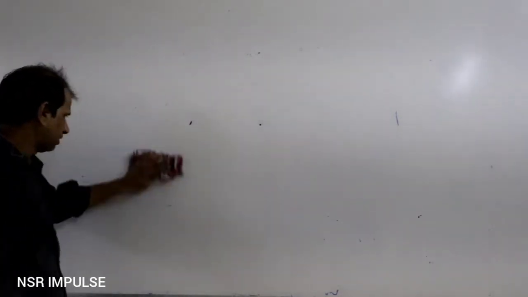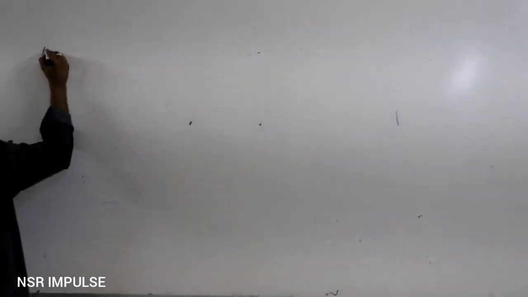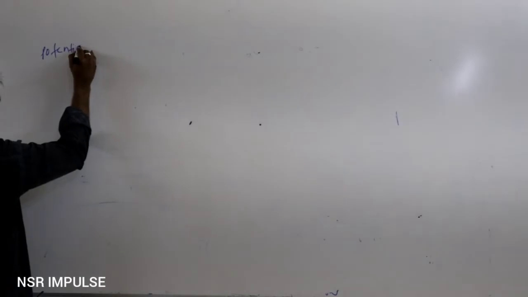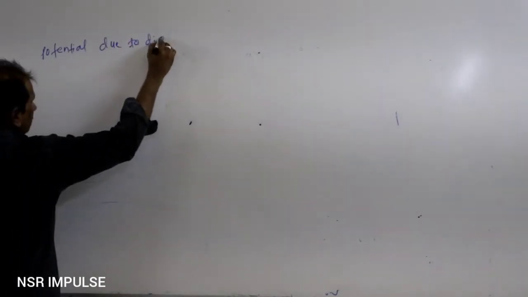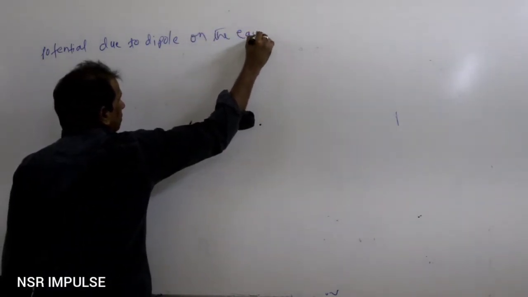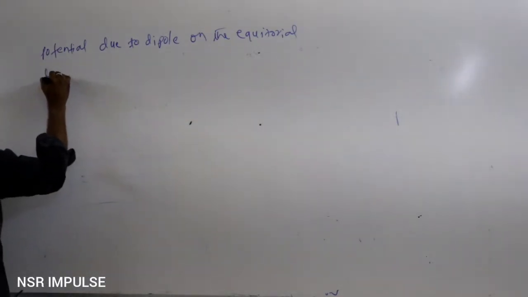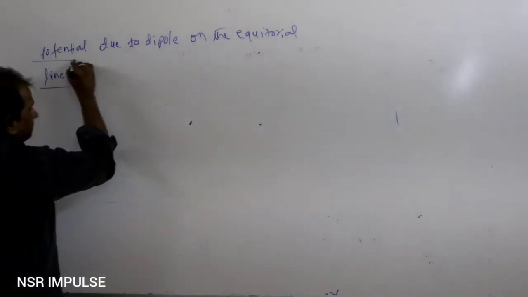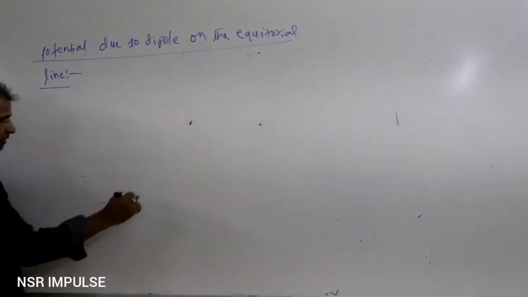Next calculation is potential due to dipole on the equatorial line. Potential due to dipole on which line? Equatorial line.